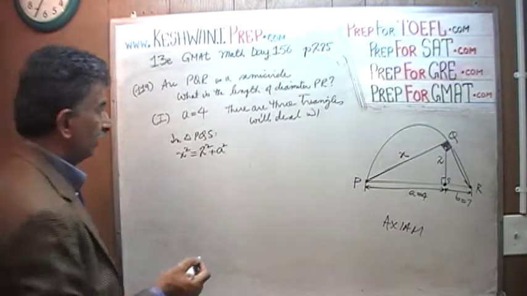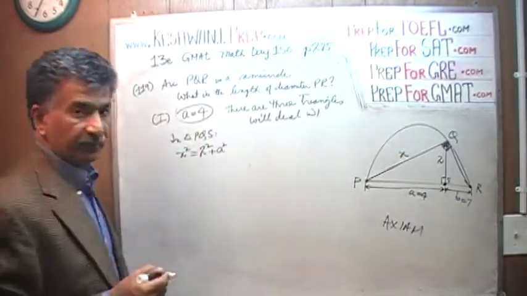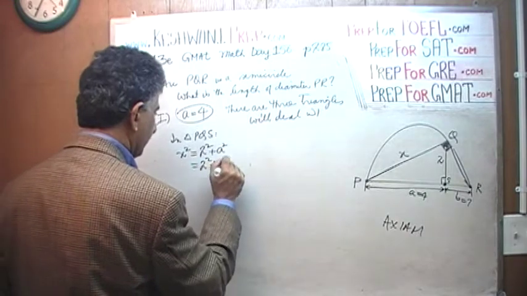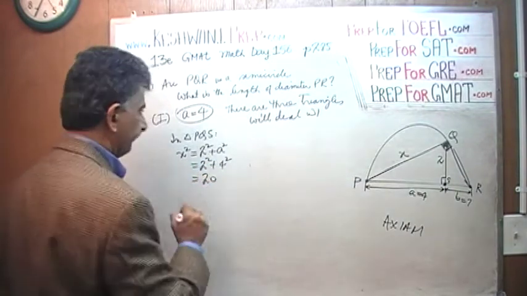But of course we know from the first statement that A is 4. So 2 squared plus 4 squared gives you 20.